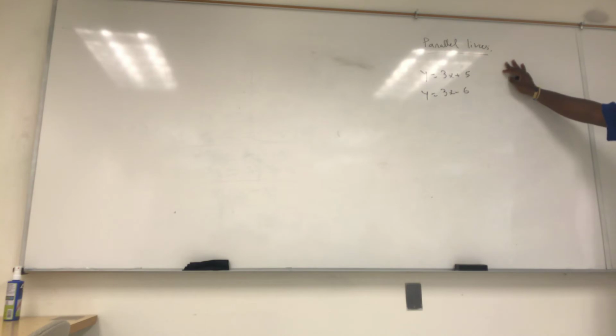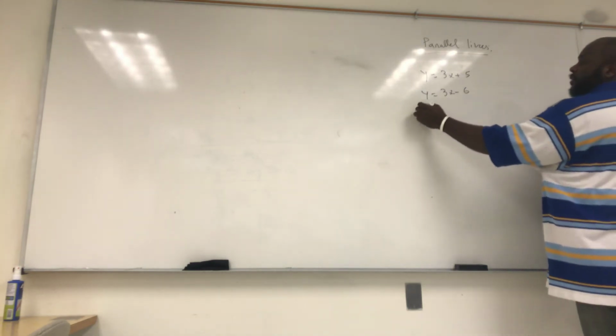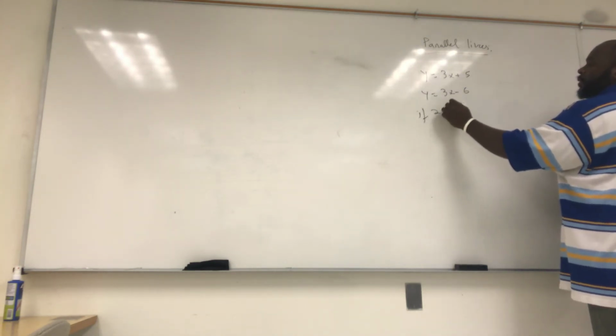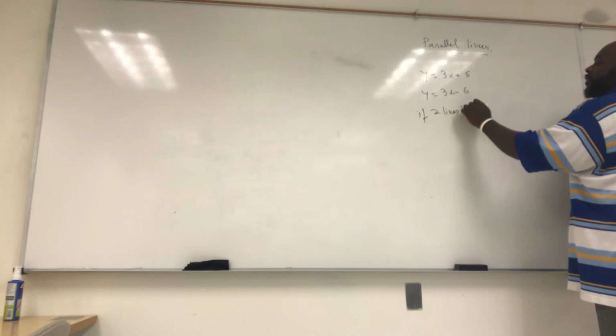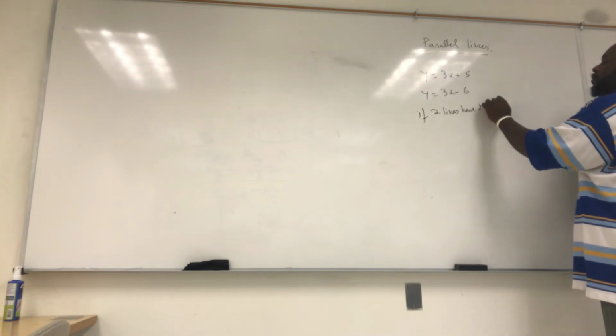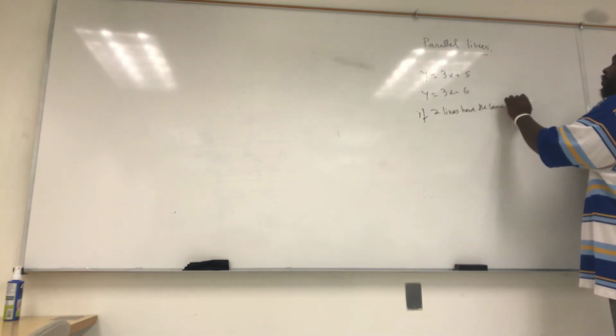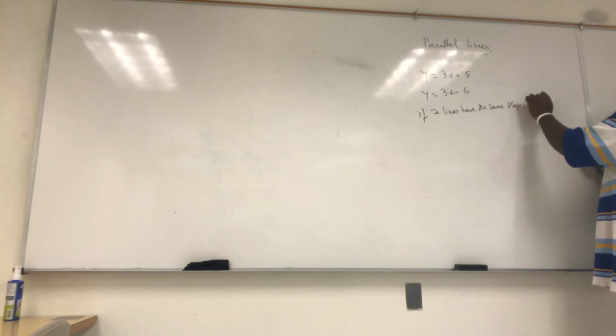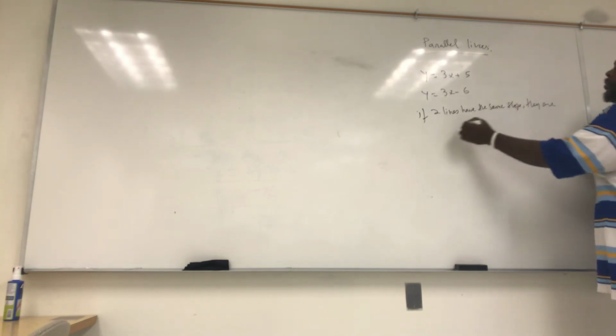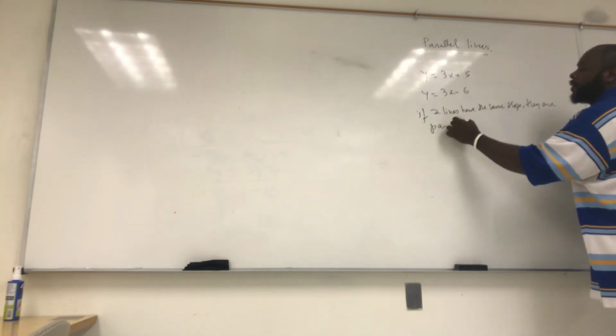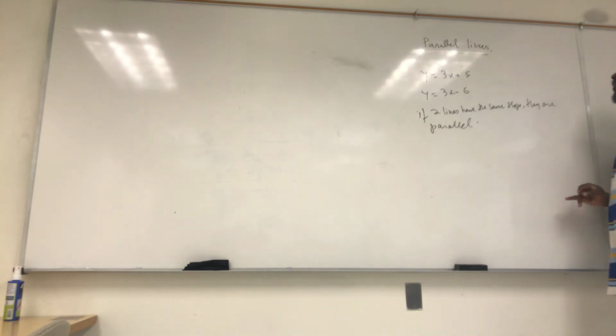Now, two lines are parallel if they have the same slope. So if two lines have the same slope, they are parallel. It's one of those words that I struggle to say.